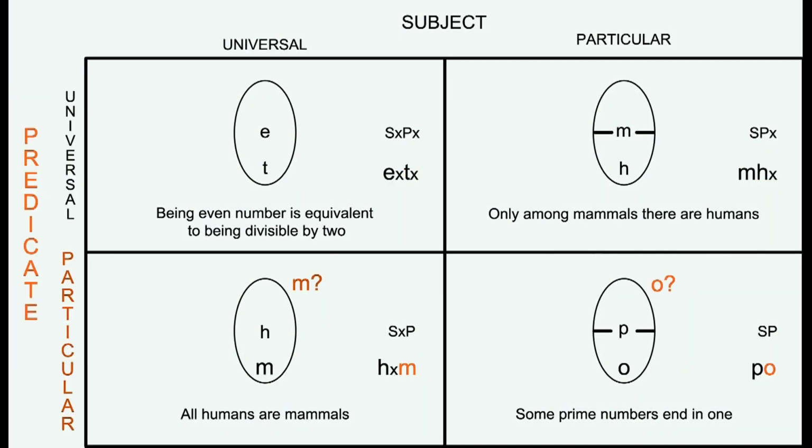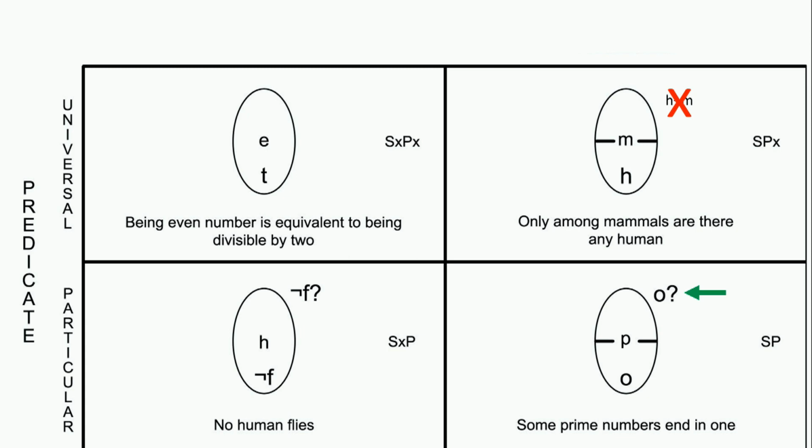The second decision we must make to represent sentences in the diagram is whether or not to write the predicate outside the model of the subject, that is, outside the circle. In the proposition "only among mammals are there any humans," the predicate is universal because the structure of the proposition eliminates, in theory, the possibility that there are humans that are not mammals.